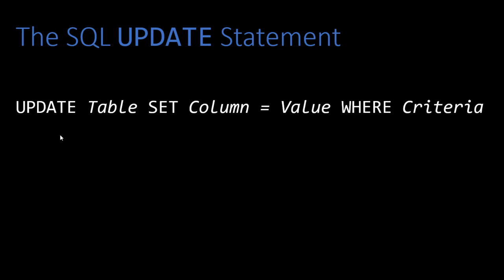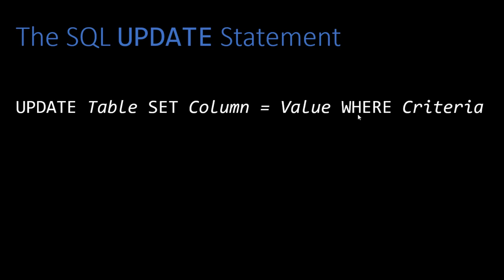Now, this is the general format of the update statement. It starts with the keyword update followed by the name of the table. And then we have a set clause, set column equal value. So this says that we want to set a specified column to a new value.